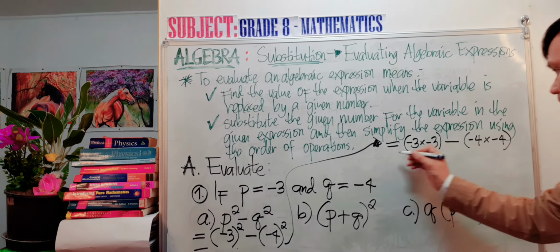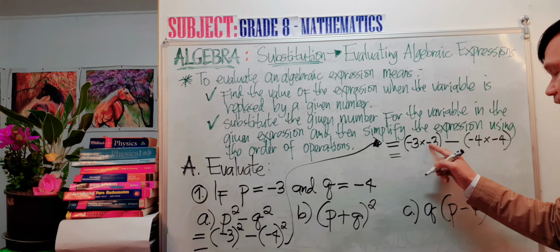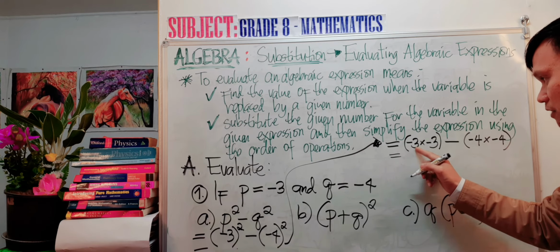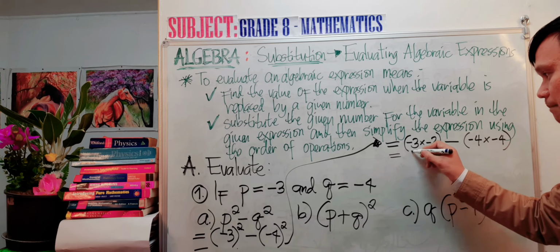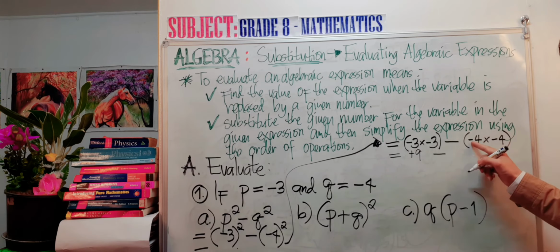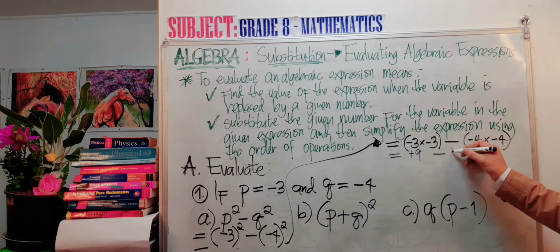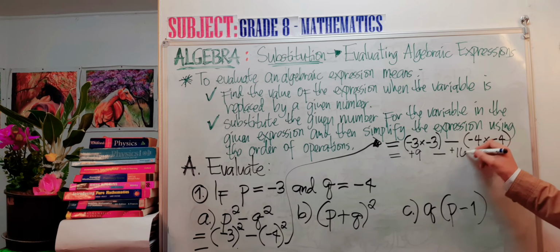Next, we have our final answer. Negative times negative equals positive. 3 times 3 is positive 9, minus, negative 4 times negative 4 is positive 16. Very good.